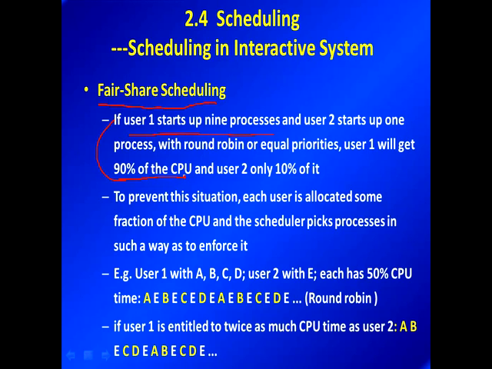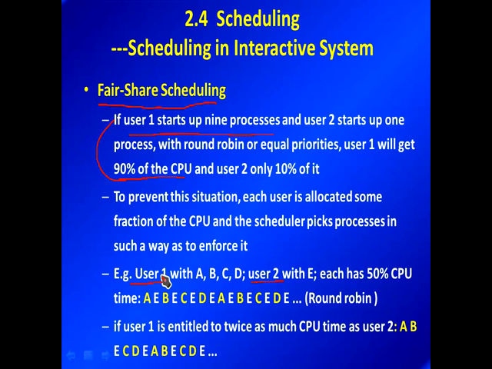So we can adopt fair share scheduling by trying to make each user get a similar fraction of the CPU time. For example, we can make these two users, user one and user two, each have 50% of CPU time.